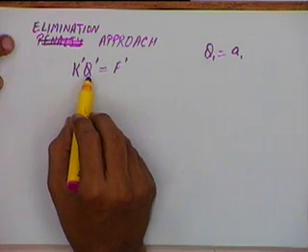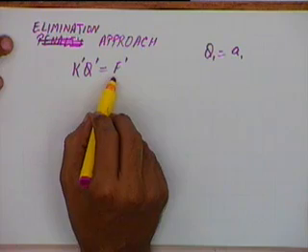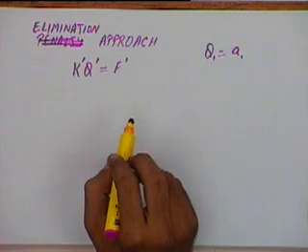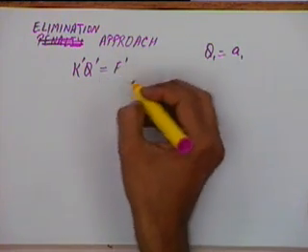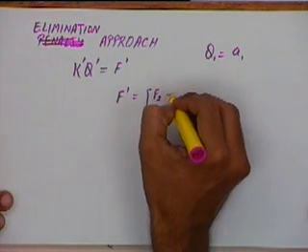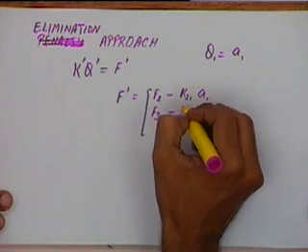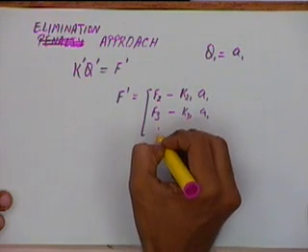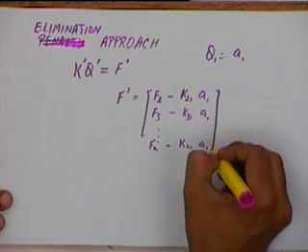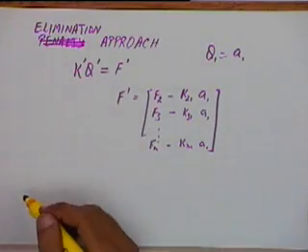Q prime was obtained by deleting the first row, and F prime was also obtained by deleting the first element, and essentially F prime is equal to F2 minus k21 A1, F3 minus k31 A1, and so on, Fn minus kn1 A1. K prime and Q prime were obtained just by deleting the elements.